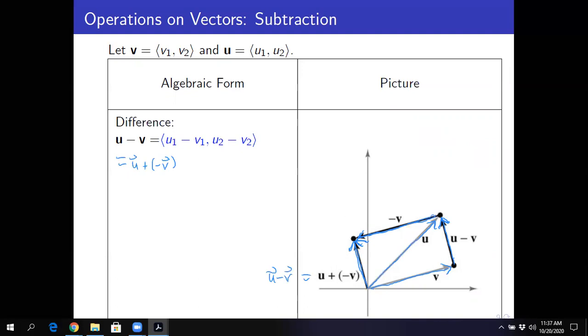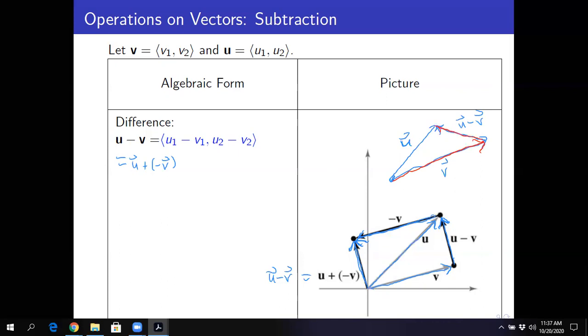The way I like to look at this, I don't know if you can see the picture very well, but if this is u and this is v, then where is u minus v? It's right here, u minus v. And the way you can see that is, what happens if I took v and added it to u minus v?